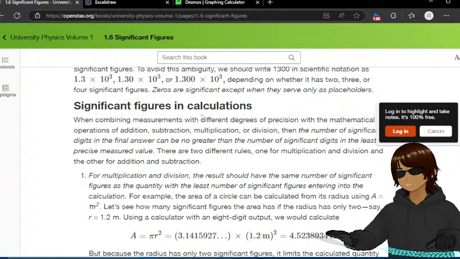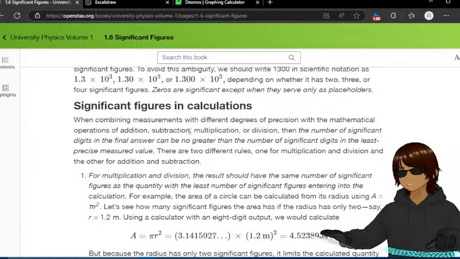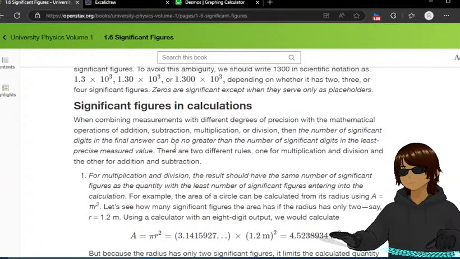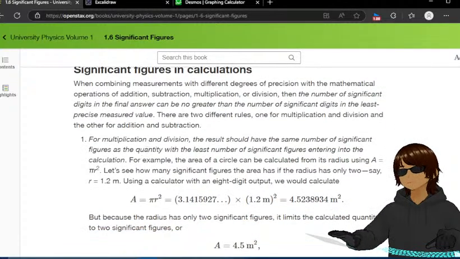When combining measurements with different degrees of precision with mathematical operations of addition, subtraction, multiplication, or division, the number of significant digits in the final answer can be no greater than the number of significant digits in the least precise measured value. There are two different rules, one for multiplication and division, and another for addition and subtraction.